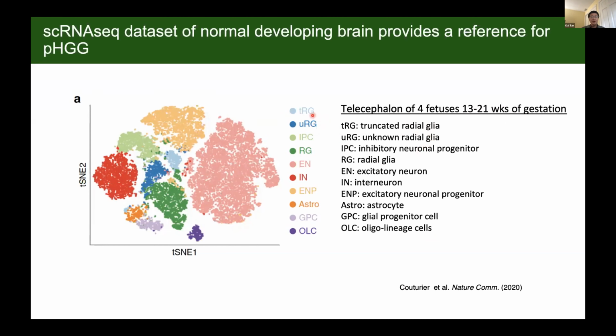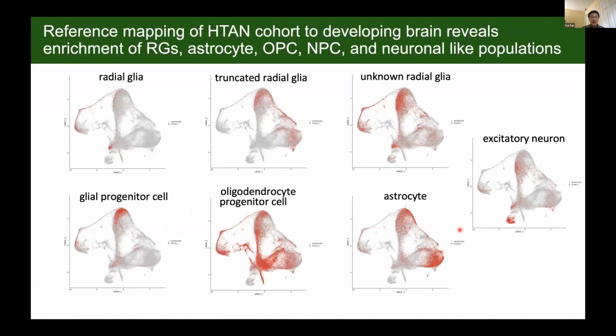These radial glia cells are supposed to be the progenitor cells for the glia lineage, and also glia progenitor cells and oligo lineage cells. So using this reference trajectory, we assess the developmental stage lineage of our data.